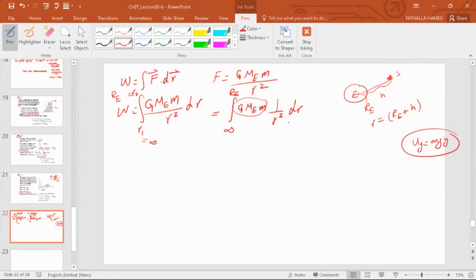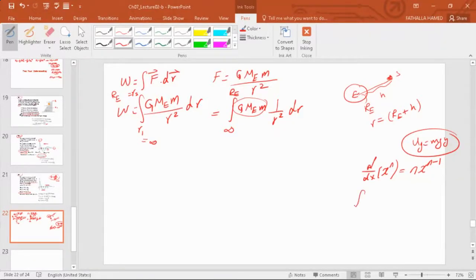Now, just to remind you of what you did in calculus, if you take d by dx of x raised to the power n, this will equal n x to the n minus 1.